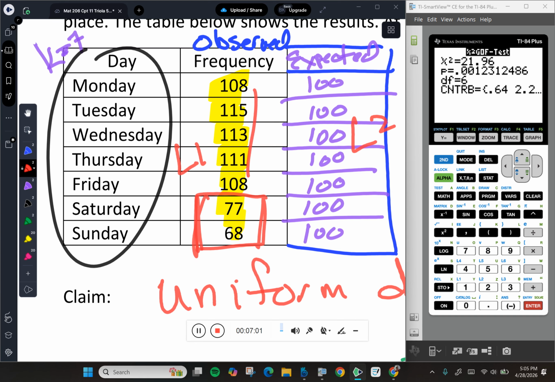They might push for a weekday. I bet if we reran this test and ignored Saturday and Sunday and just said it was uniformly distributed Monday through Friday, we would get that it was. We would have not enough evidence to reject that claim. But adding in the weekend, I think, is where it messes things up. And I say this as someone who was born on a Saturday.